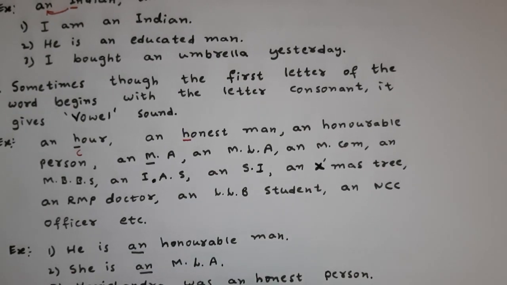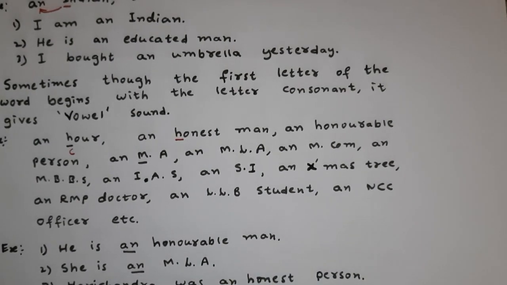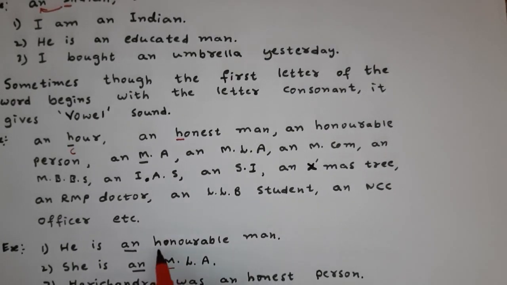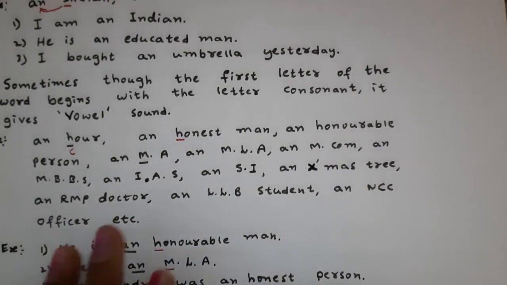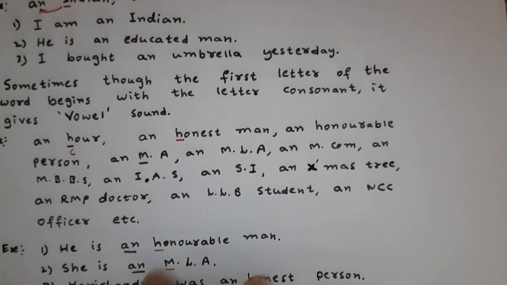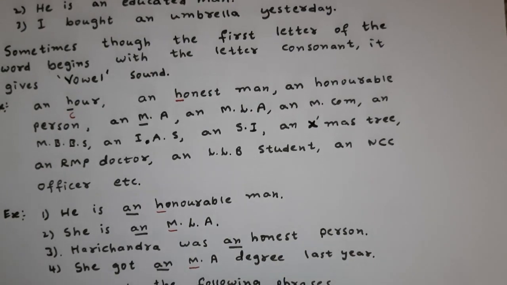Harishchandra was an honest person. Fourth one, she got an MA degree last year. Actually, seeing this letter here, what we think, we may use a, but according to pronunciation, we should use an only before all these words.